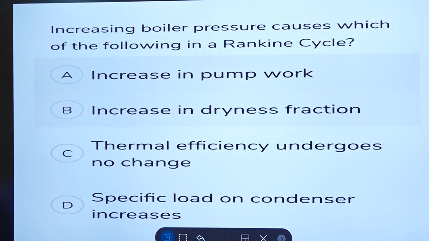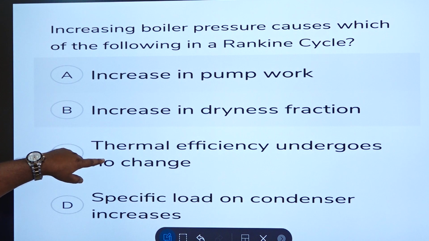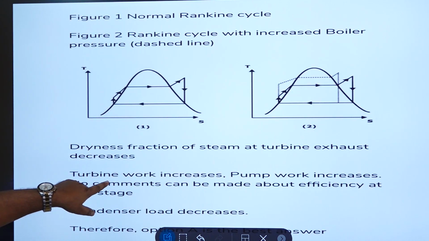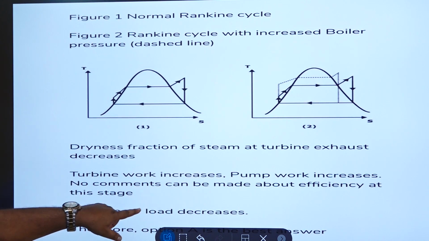Increasing boiler pressure causes which of the following in the Rankine cycle? We have seen decreasing the condenser pressure. Now, what happens when you increase the boiler pressure? Surely it will increase the pump work. Turbine work increases, and pump work increases.